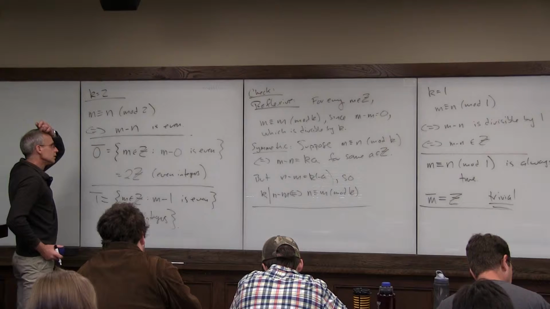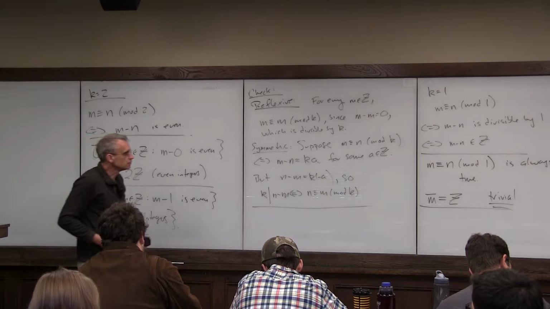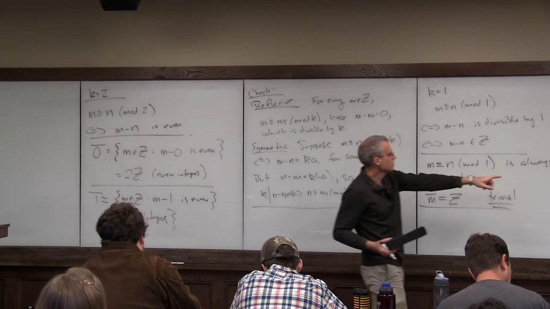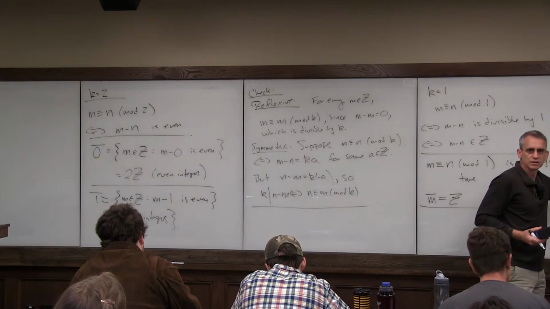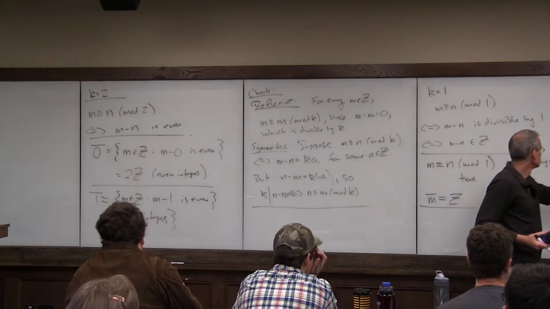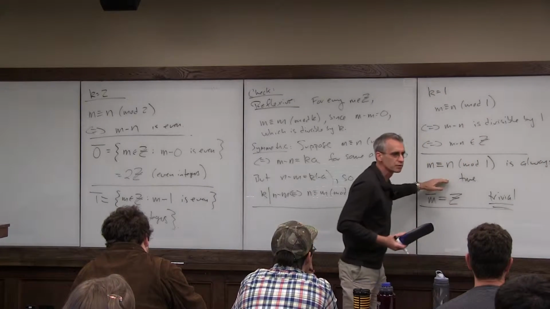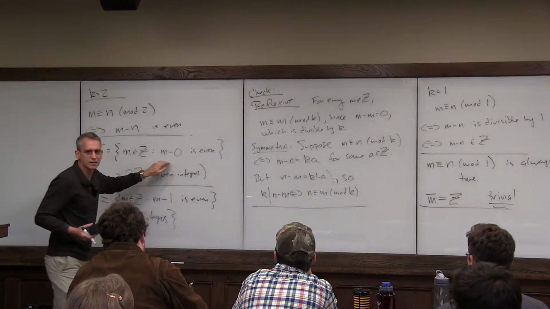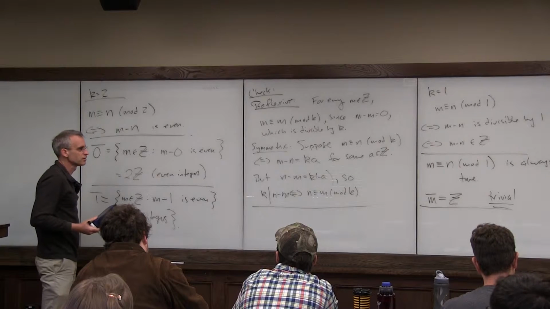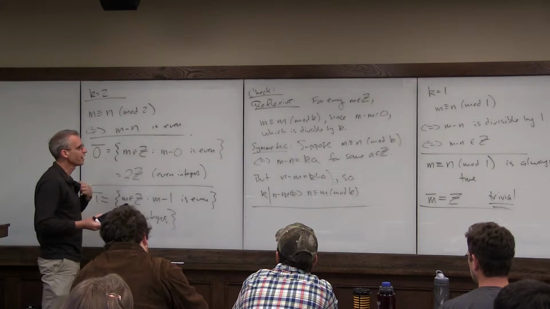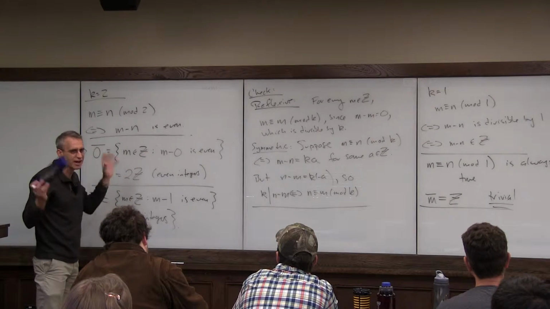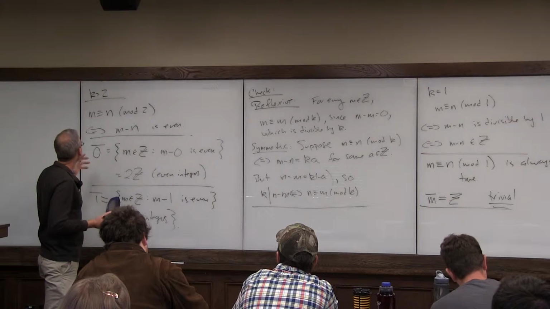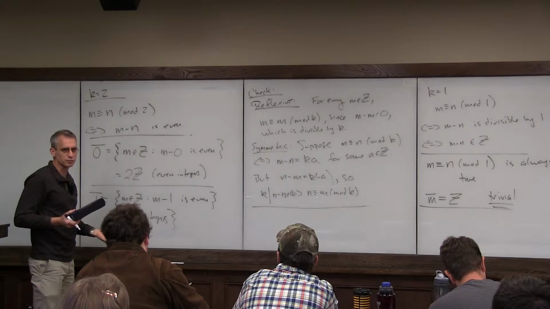Okay, so Z mod 0 had infinitely many equivalence classes. Z mod 1 had 1 equivalence class. Z mod 2 has 2 equivalence classes. The only thing that doesn't really fit any kind of pattern so far is 0, but that kind of makes sense, right? Now, what do you think about k equals 3?